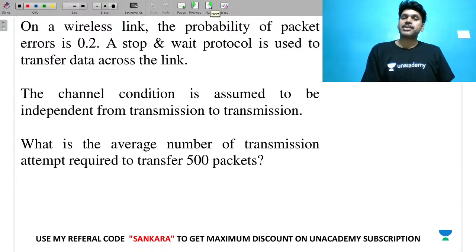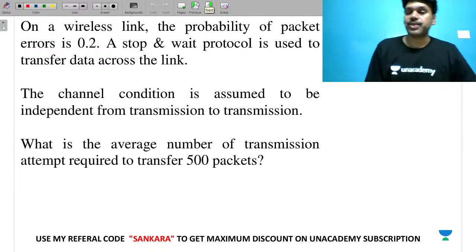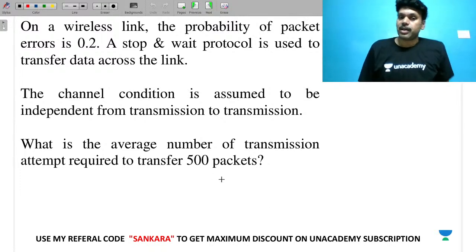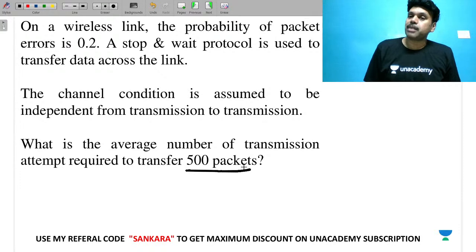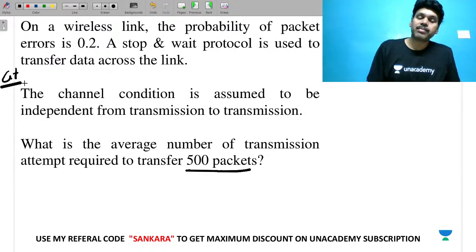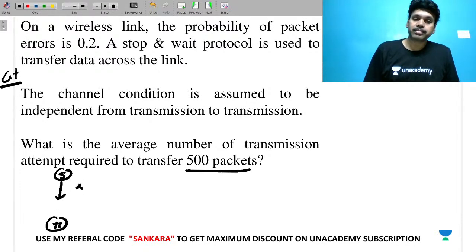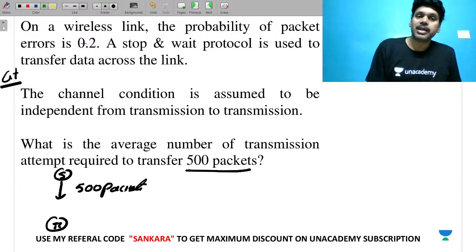Well, my dear friends, look at this case. The sender is sending 500 packets. This is one of your previous GATE questions. The sender is initially transmitting 500 packets to the receiver. Of these 500 packets, not all are successful. Some are lost.